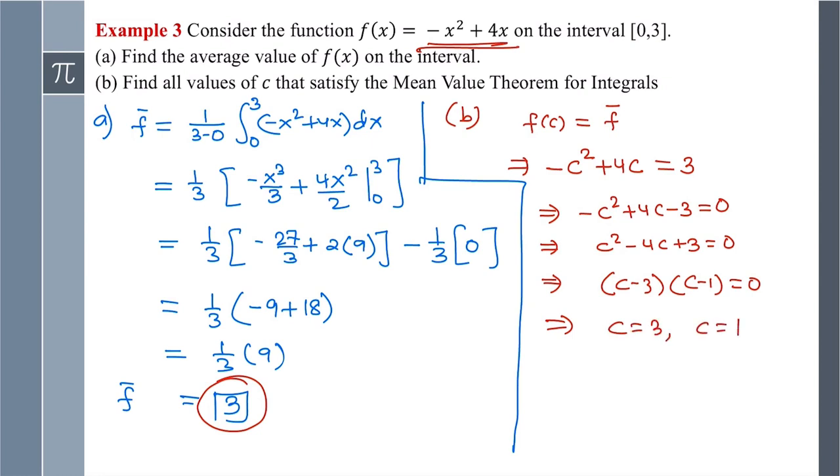Therefore, c equals 1 and 3 both are in the interval [0, 3]. So 1 and 3 are the two numbers that satisfy the mean value theorem for the given function on the interval [0, 3].